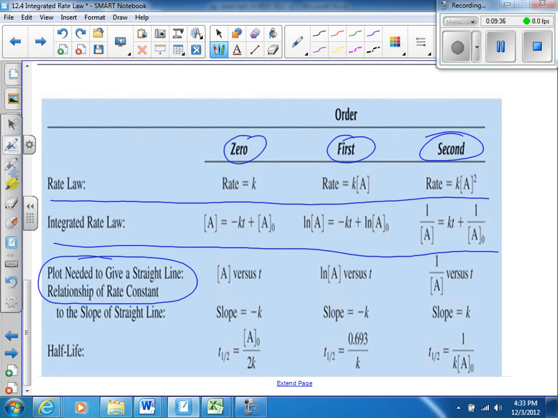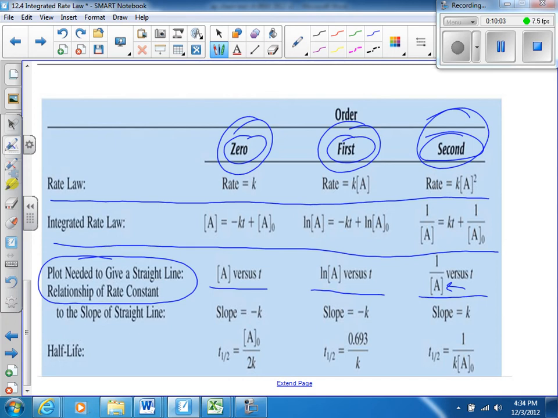And then on the next line, it's what do we need to plot in order to figure out what order a reaction is. So if we get a straight line when we plot concentration versus time, we know the reaction is 0 order. If we get a straight line when we plot log of concentration versus time, we know the reaction is first order. And if we plot 1 over concentration versus time, if we get a straight line, then we know the reaction is second order in the chemical that we are looking at.